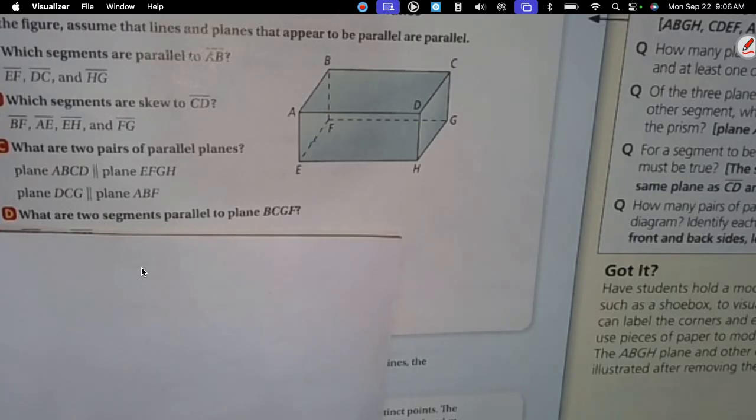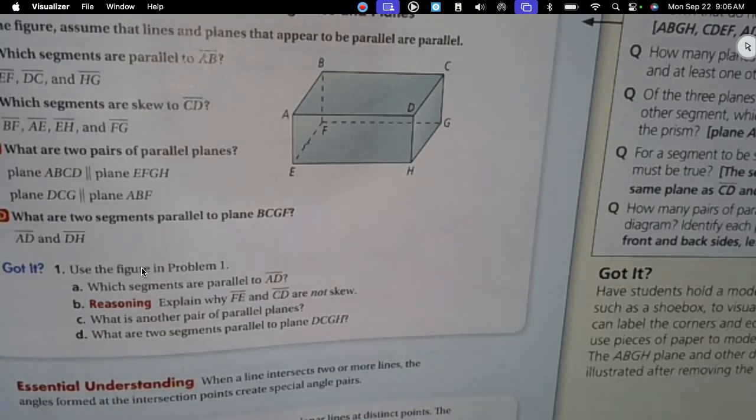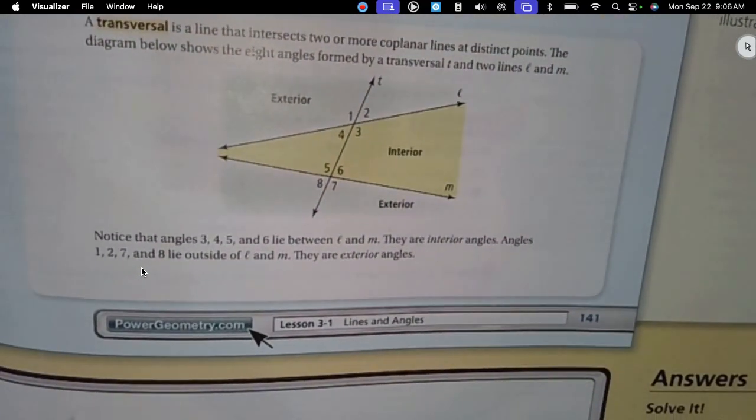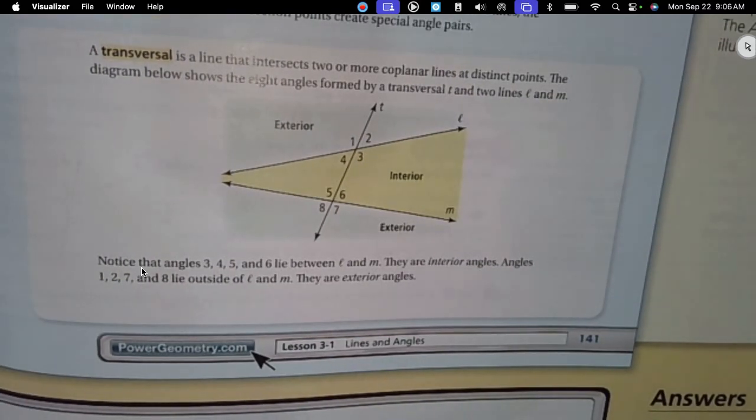All right, do we kind of understand these terms and these things? Maybe a little bit. Okay, so our next problem, we're going to learn something called a transversal. Now, tomorrow, our transversal, the lines are going to be parallel. Do y'all see how today, right now, these lines are not parallel?